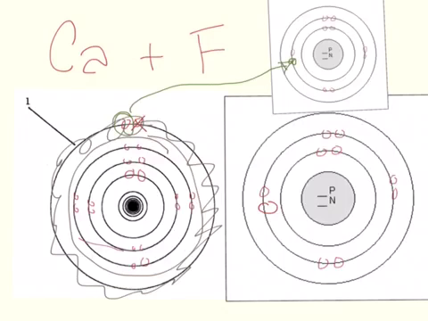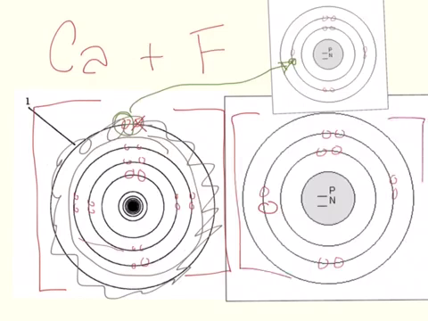So our next step is we're going to go ahead and draw the charges of the new ions. So what you're going to do is redraw each atom with its full valence shell. And when you've done that, you want to take your pen or pencil and draw brackets around the new ion, and you'll do that for each atom, representing that it's an ion.